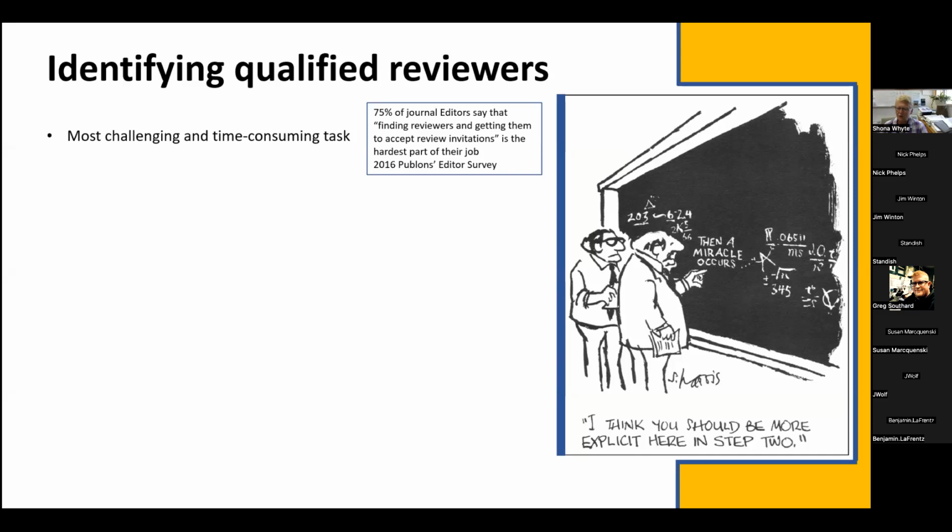The amount of time required to find reviewers is increasing, and the number of times that the editors have to go out and ask people to review is increasing. So it's not just once or twice, it's maybe 3 or 4 or 5 times to try and find a reviewer for the process.